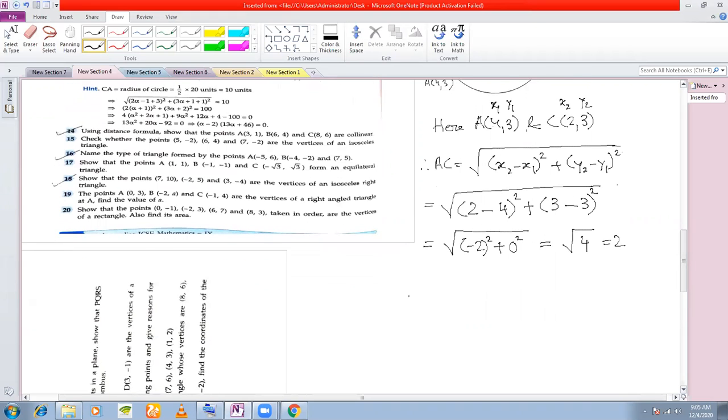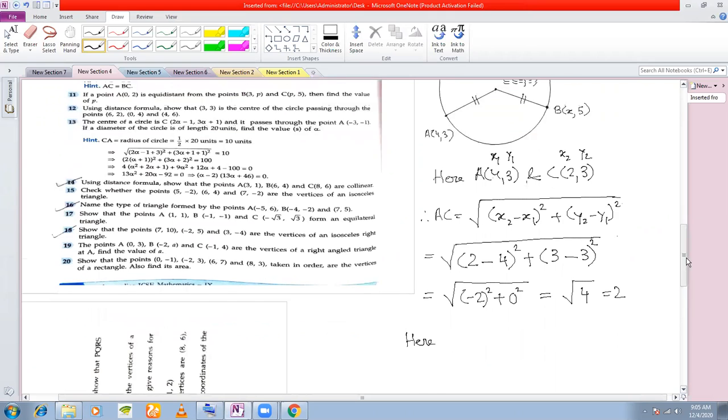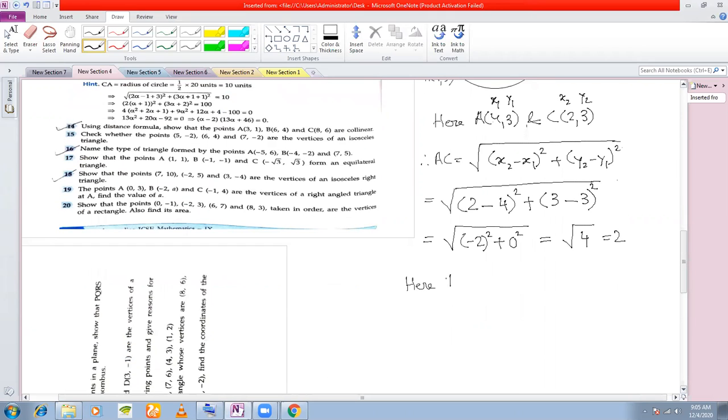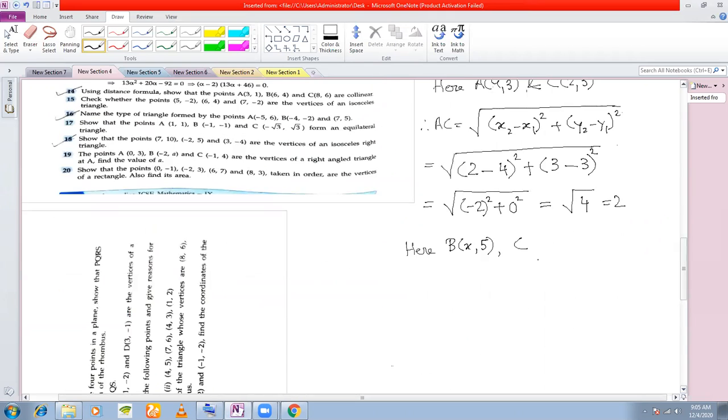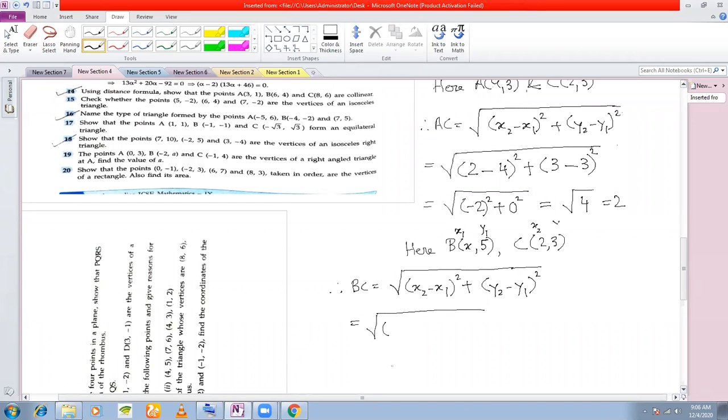Okay, let us now find out the distance BC. So B here is x comma 5 and C here is 2 comma 3. So therefore BC again equals root over of x2 minus x1 square plus y2 minus y1 square. Consider this x1, y1, x2, y2.